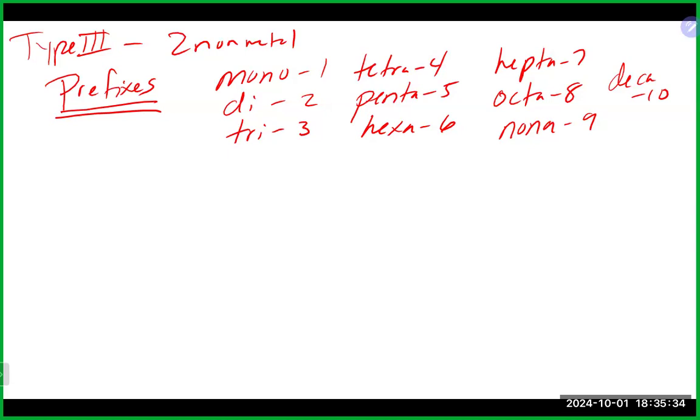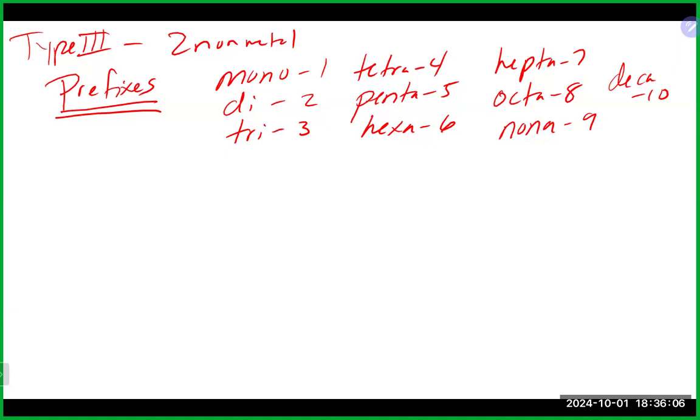Now, there are a couple of rules on these prefixes, but essentially when you have a type 3 compound, two nonmetals together, it is absolutely the simplest thing to name. It should take you literally like 5 seconds. But honestly, a lot of people mess up on it because they try to make it more complicated than it is. There are no ions, you don't have to figure out charges, you don't have to balance anything. You just pick the correct prefix for how much is there.